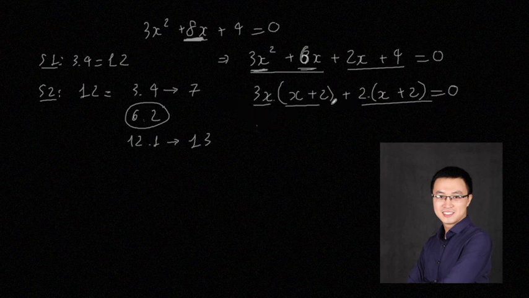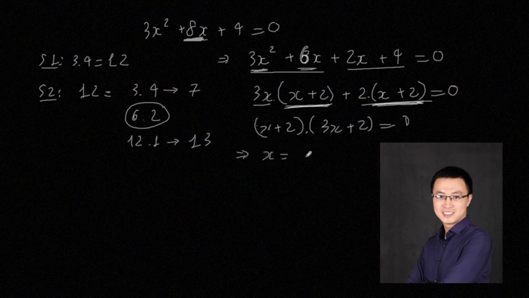The common bracket here is x plus 2. Put x plus 2 outside, and inside the bracket you get 3x plus 2 equal to 0. So that's why we have two solutions. x1 is minus 2, putting this equal to 0, and the second one is equal to minus 2 divided by 3.